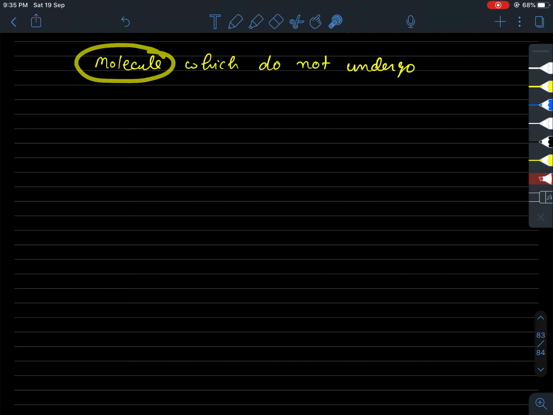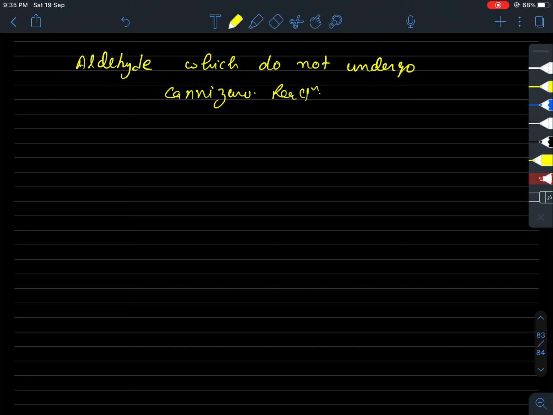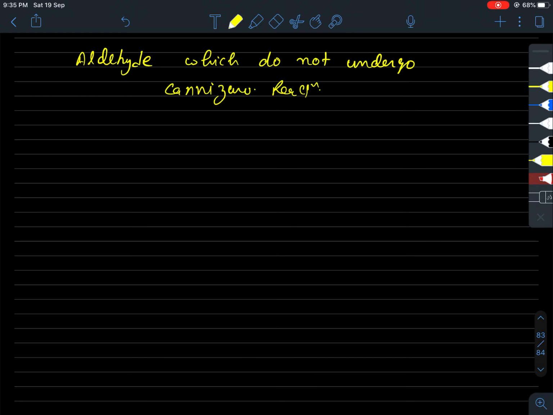Rather than saying molecule, it will be better to use the word aldehyde which do not undergo Cannizzaro reaction. So what are those molecules?